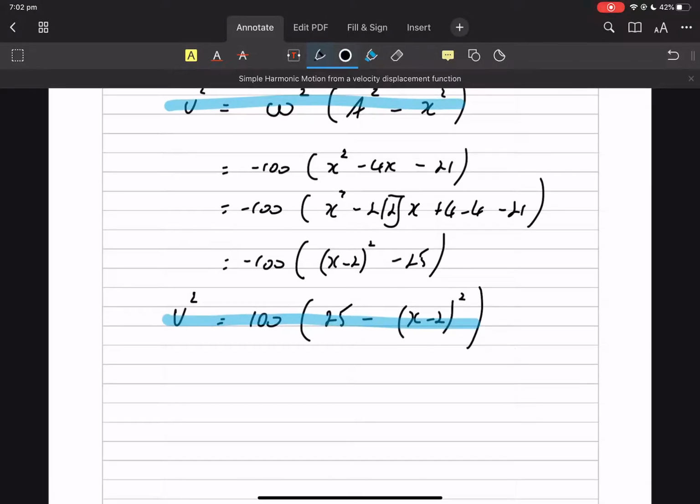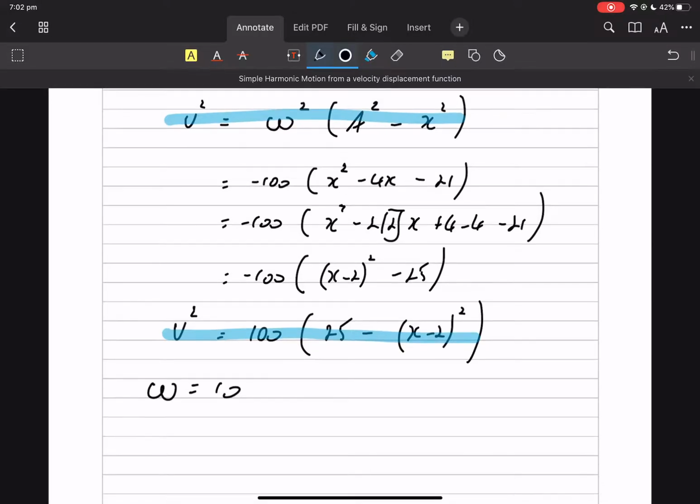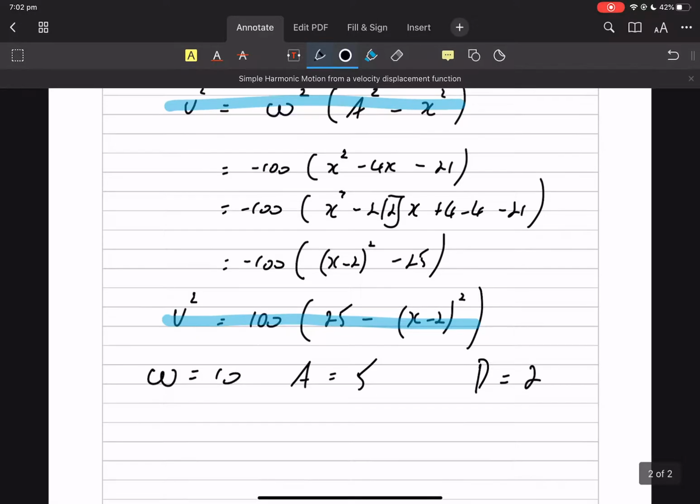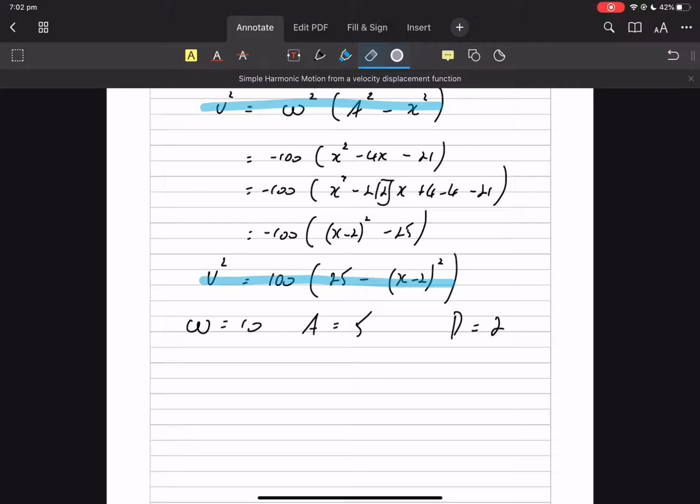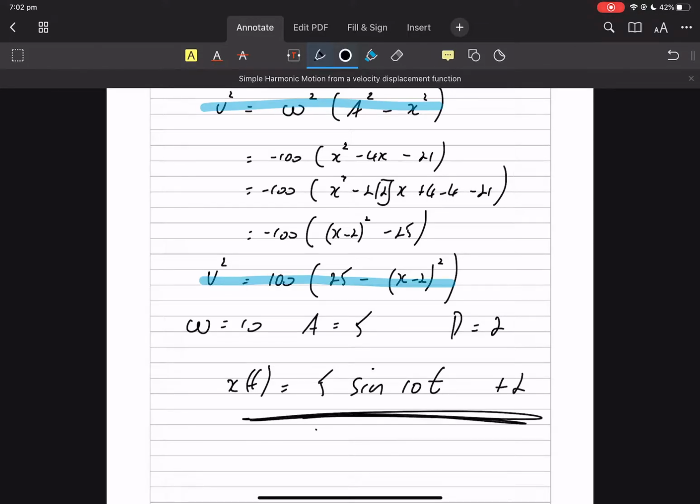So we can go, omega is 10, our amplitude is the square root of 25, which is 5, and our centre of motion is 2. So going this way, we can go straight to our displacement time graph being 5 sine 10t plus 2.